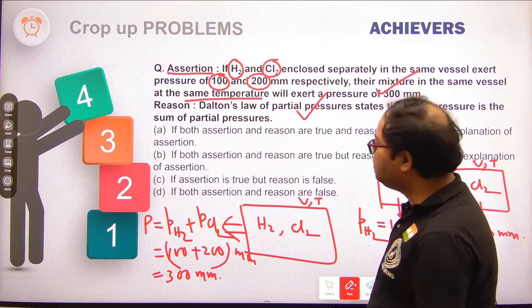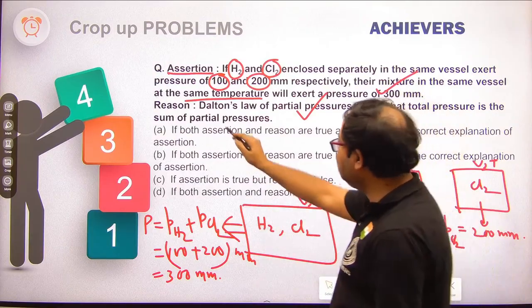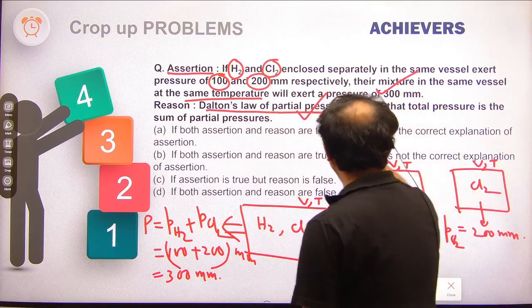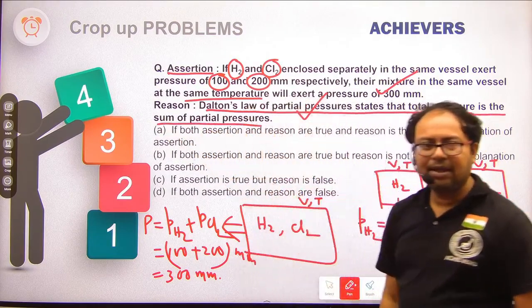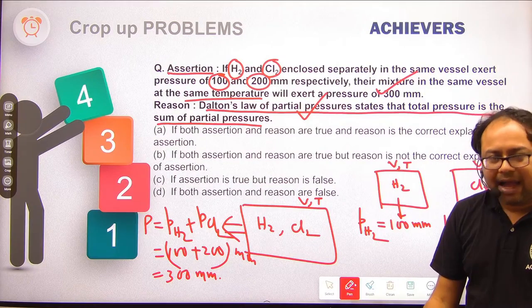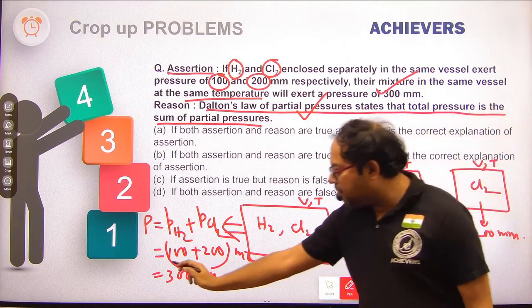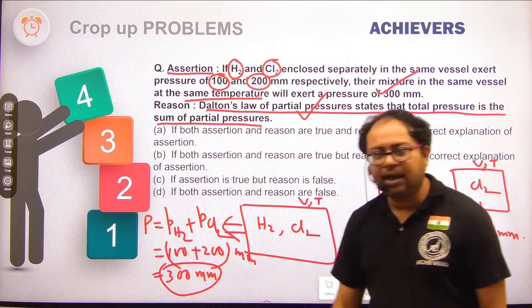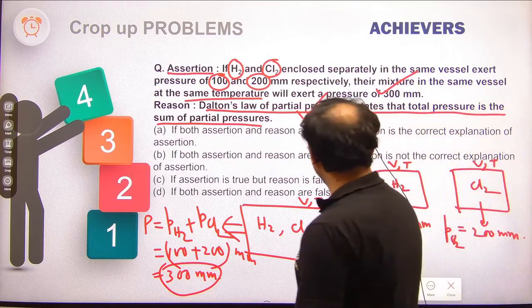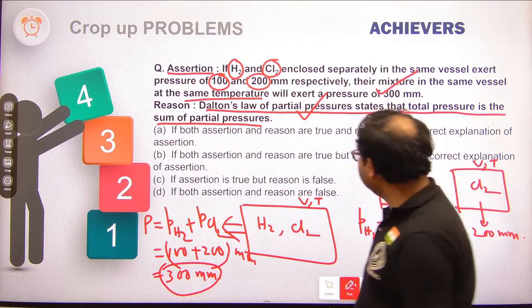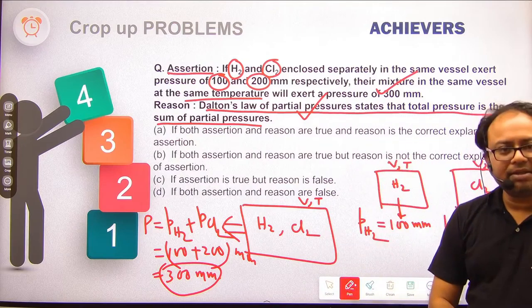Now the reason is Dalton's law of partial pressure states that the total pressure is the sum of partial pressures. Exactly, that is the reason why the pressure of the mixture is becoming 300 mm. So both the assertion and reason are true, and the reason is the correct explanation of the assertion.